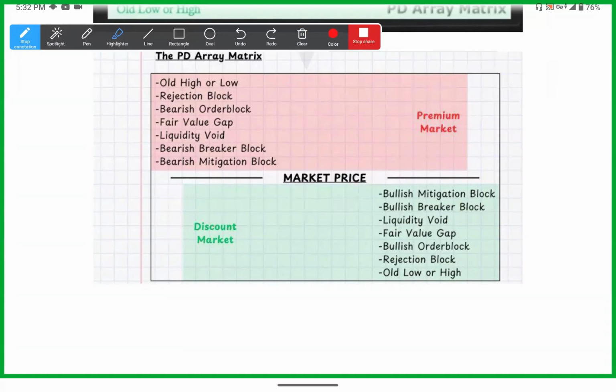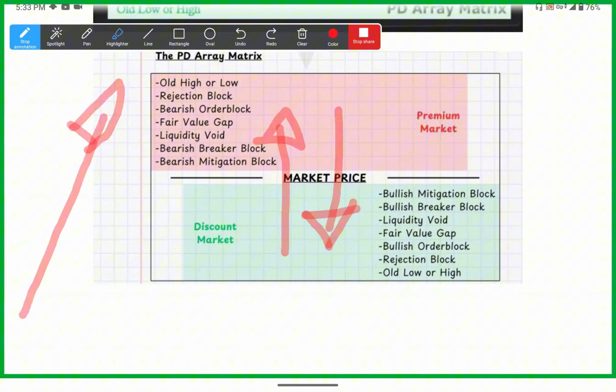The markets will always move in this direction. They go to premium and they will always come to discount over and over again. You get? Price is always being delivered to premium and is being delivered back to discount. There is no price that just goes high always. Price goes high, low, high, low, high, low.